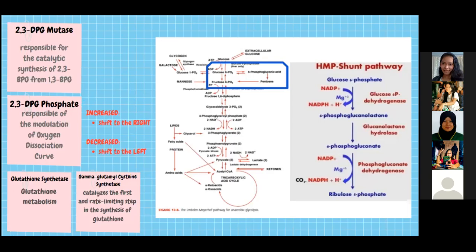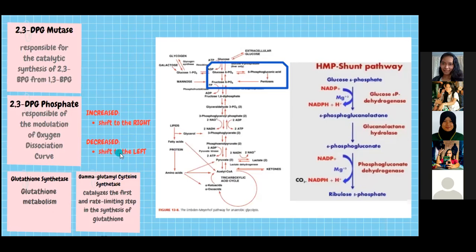The shifting of the curve to the right indicates a decreased affinity of hemoglobin for oxygen, and remember that a decreased affinity means an increased tendency to give up oxygen to the tissues.